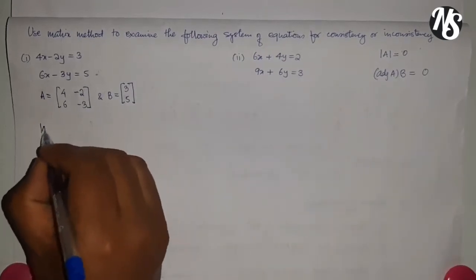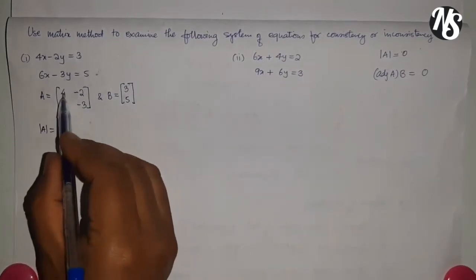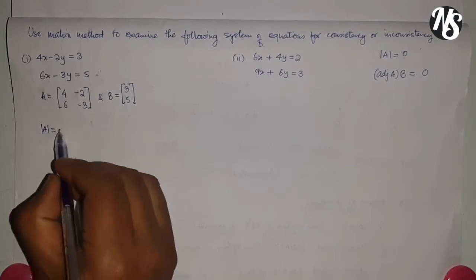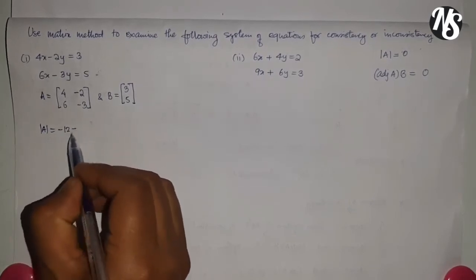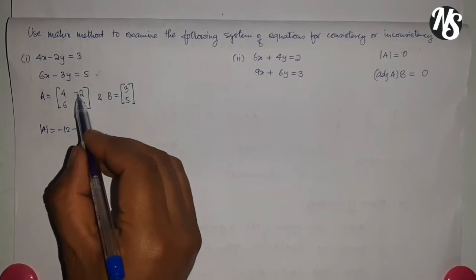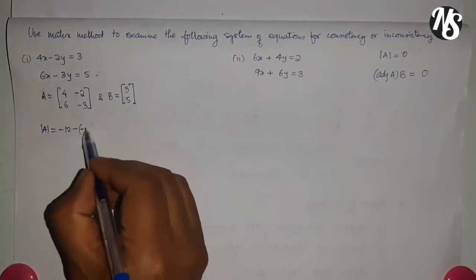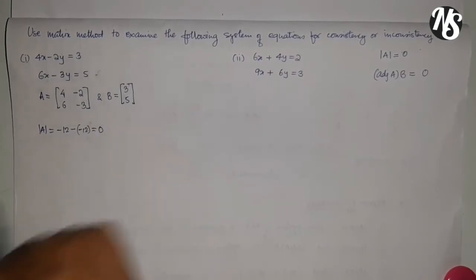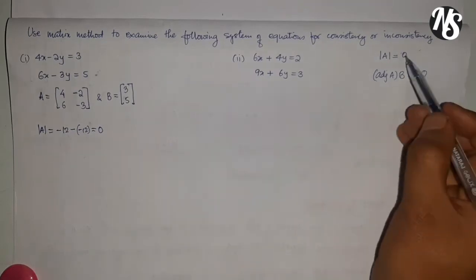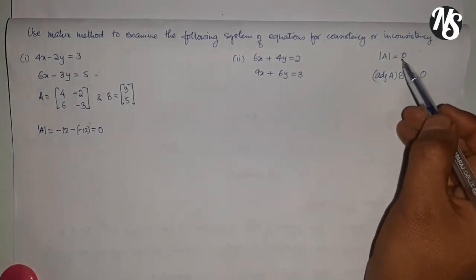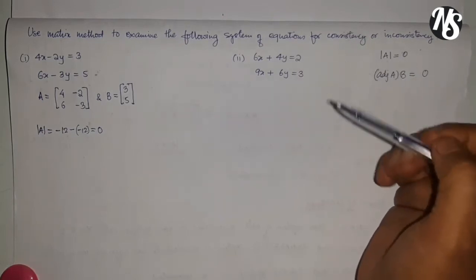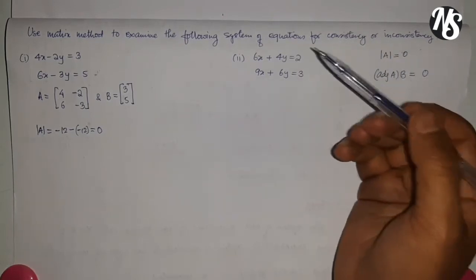Okay, so you see determinant of A will be equal to 4 into minus 3 is minus 12, minus 6 into minus 2 is minus 12, right? So if I add this, this will turn out to be 0. Now if determinant of A is equal to 0, then from conditions of consistency we have to go to either 2 or 3.